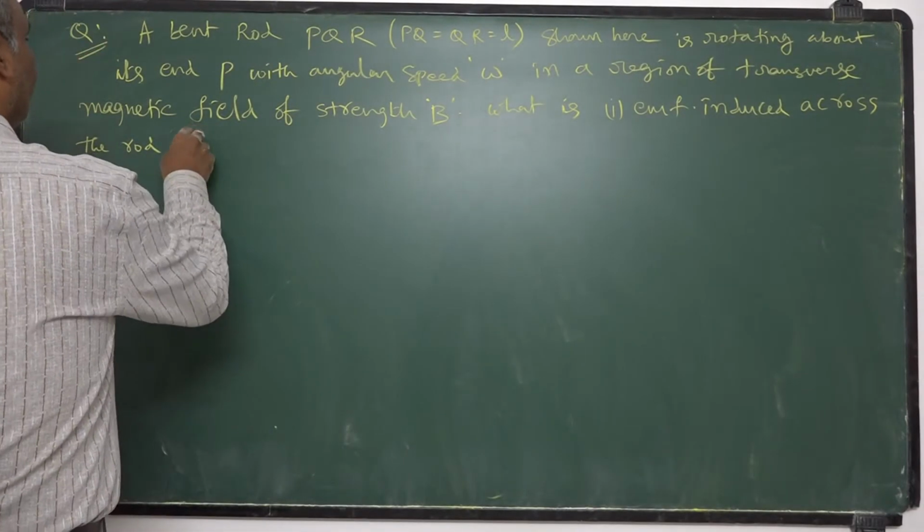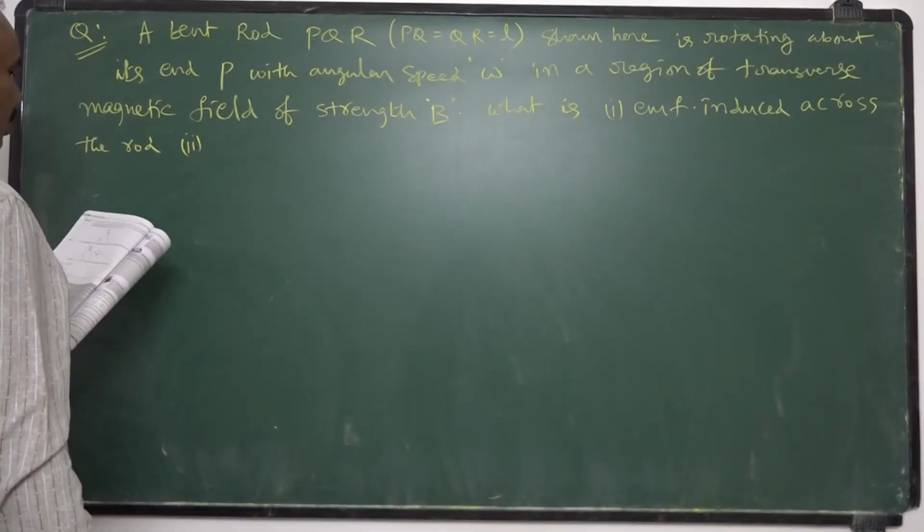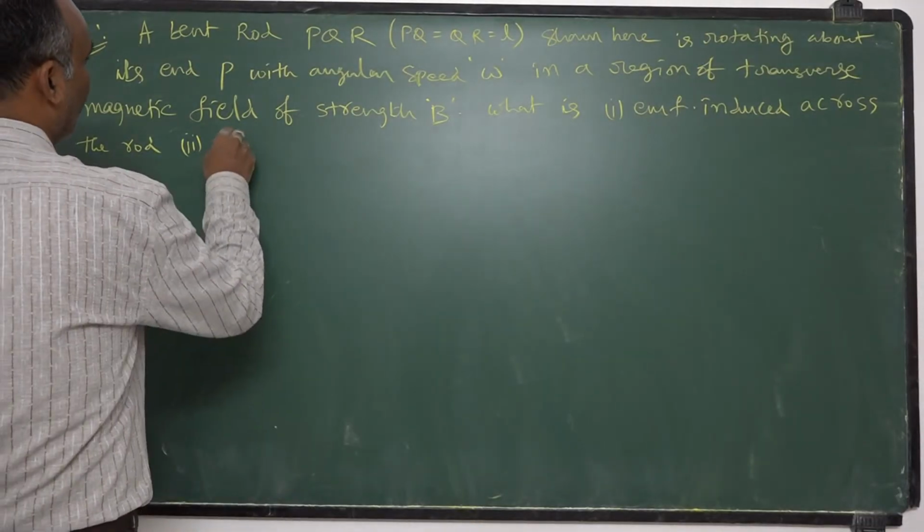Second point, the potential difference between the points Q and R on the rod.